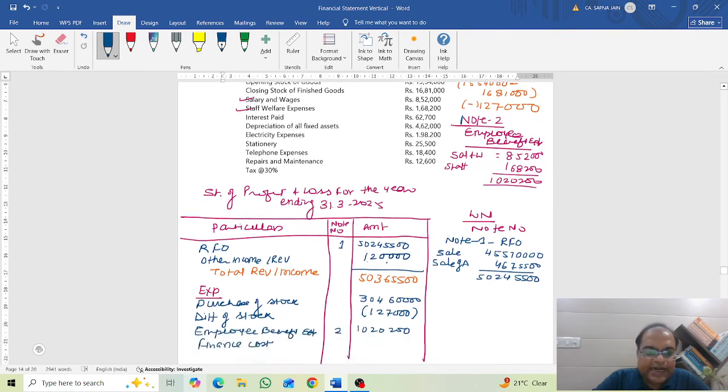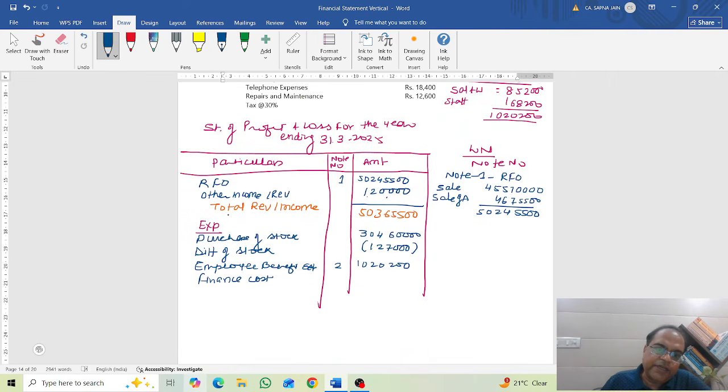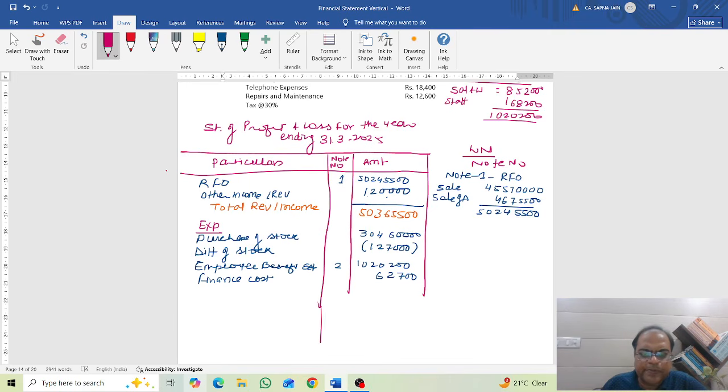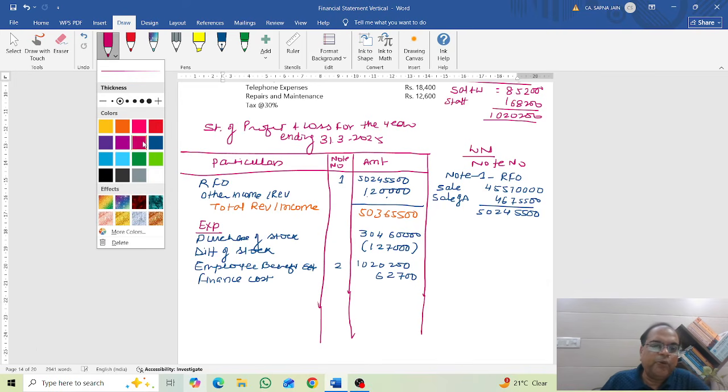You can directly write down interest paid, this is 62,700. For examination purpose, for understanding purpose, if more than one item is there under one head, then definitely we have to prepare a note number, otherwise no need to prepare that note number.